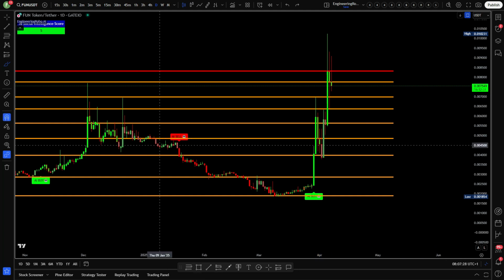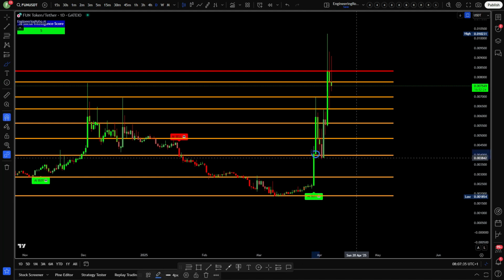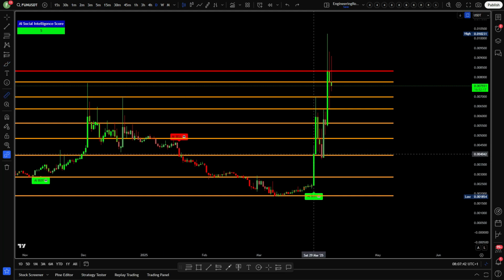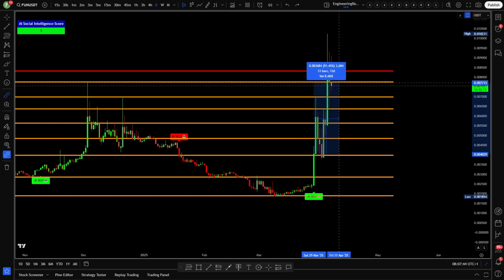So to sum up, if one was in this coin from the very bottom, our signal from the EngineeringRobo AI perspective printed on March the 29th, and had you held up to a conservative level, not even the top level of the previous high, one would have made a 90% gain on this coin.